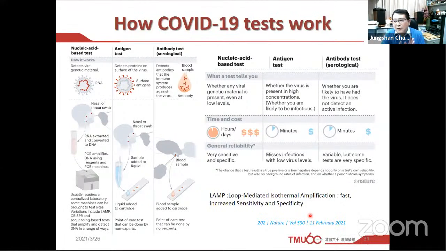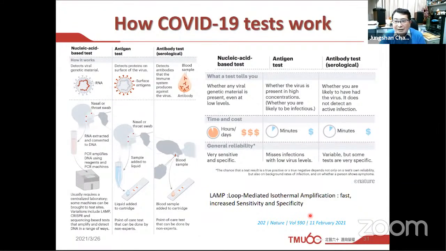They use 4 to 6 primers, not only 2 primers. Okay, so at the end of DNA amplification, they get a loop structure. Okay, the loop structure of DNA is easy to detect. And second, they apply a different set of enzymes, reverse transcriptase, RNA-dependent DNA polymerase, which is a very heat-stable enzyme.